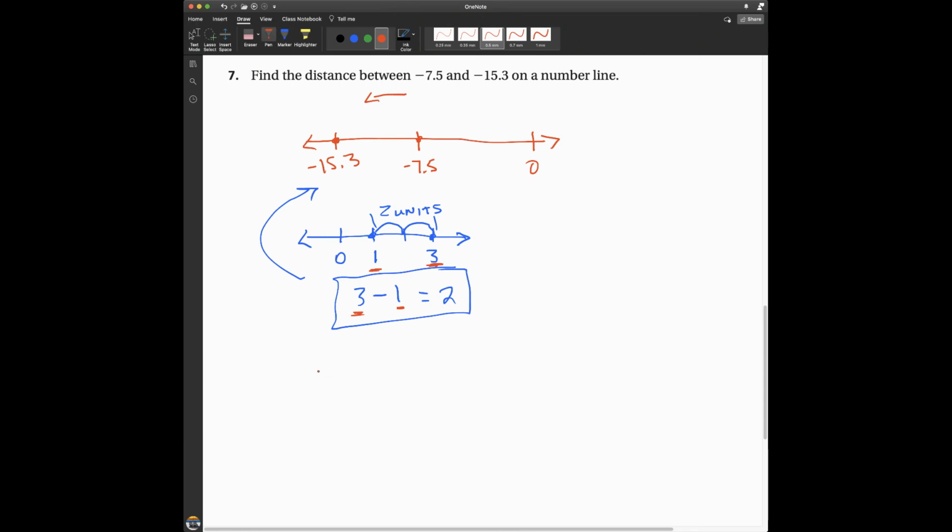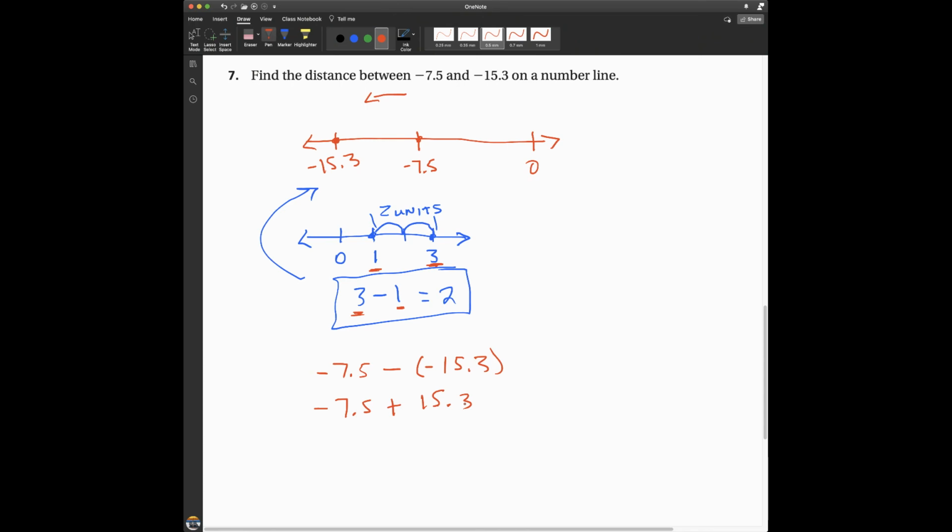So I need to take negative 7.5 and subtract negative 15.3. Let me add the opposite. So this will be negative 7.5 plus 15.3. Then you can jump on your calculator and see negative 7.5 plus 15.3.